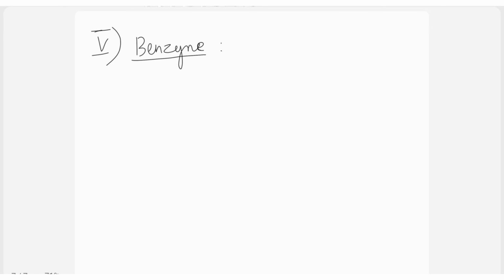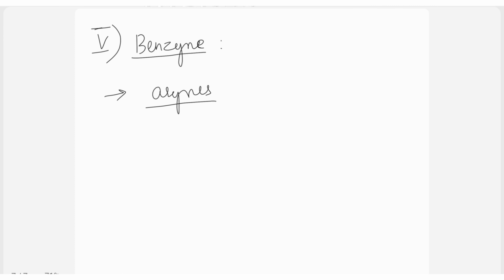The fifth and the last intermediate is benzyne. Benzyne comes under the category called arynes. Now what is an aryne? An aryne is an aromatic compound that has a triple bond.